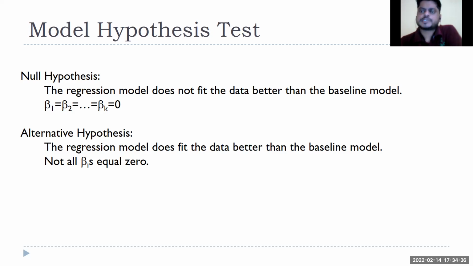We always try to prove the alternate hypothesis by disproving, by rejecting the null hypothesis. So I'll say that yes, I have built a model: if I have information about the student, how much effort they put in the class, how many certifications they have done in analytics, what their grade points are in other analytics subjects, I'll be able to predict how much they'll score in this subject, right?